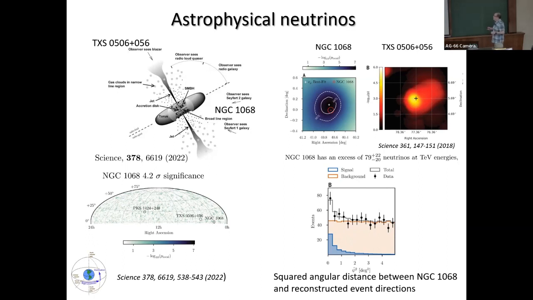This is what we have seen very recently in Science in 2022, that they were able to identify a single source, expressed in this plot that uses the square angular distance between the source NGC 1068 and the event direction of neutrinos.